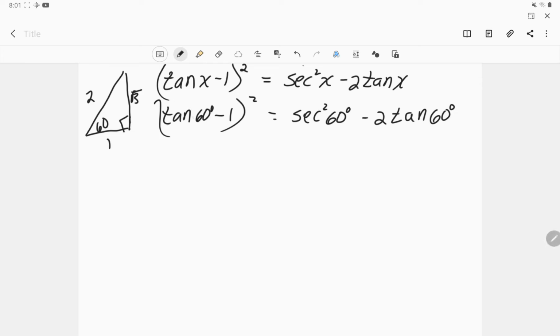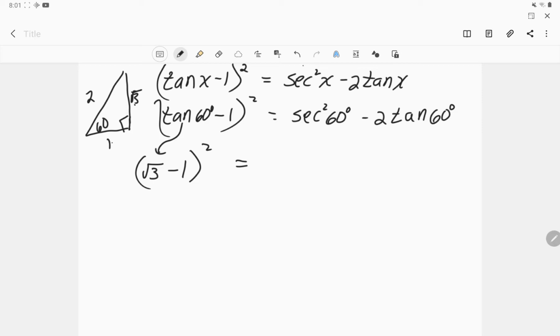So tan of 60 degrees. Tan is opposite over adjacent, which would be root 3 minus 1. So I just replace the tan with the root 3, and then I have the minus 1, and that is squared, equals secant of 60 squared.